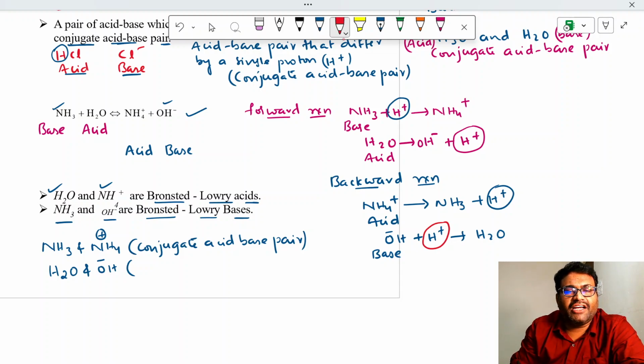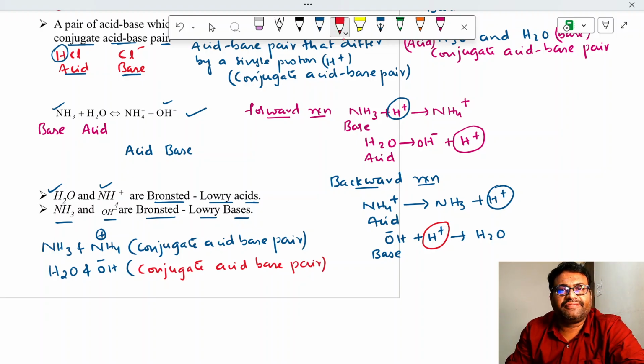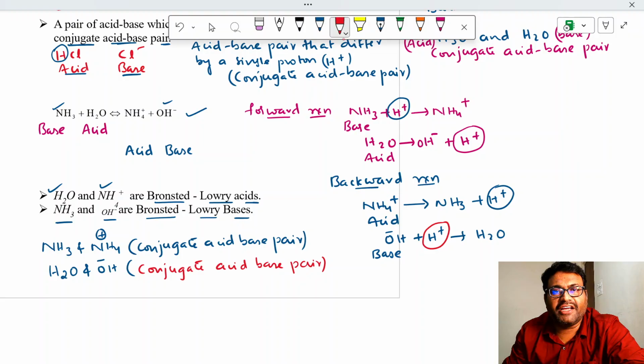Again, I can consider them as a conjugate acid base pair. Understood? So what is conjugate acid base pair? The acid base pair that differ by a single proton is called a conjugate acid base pair.